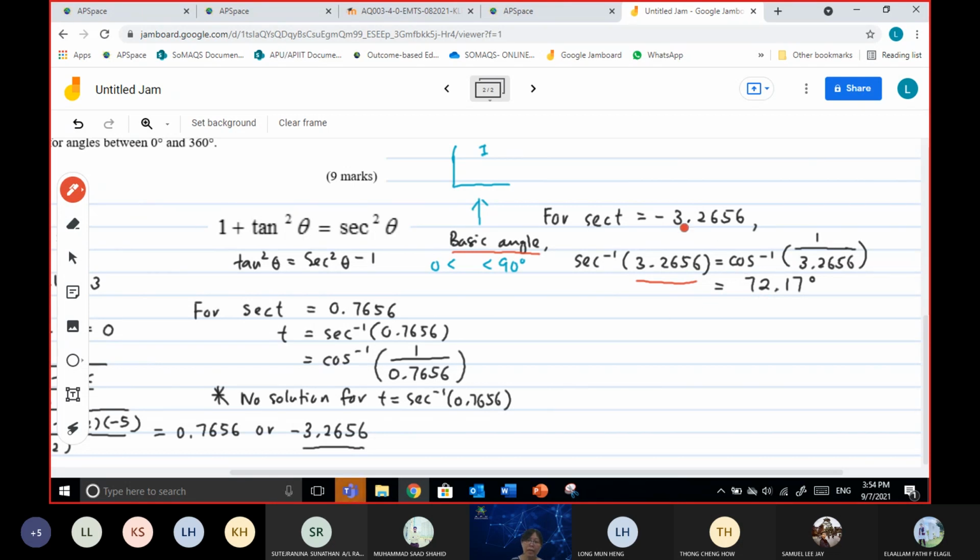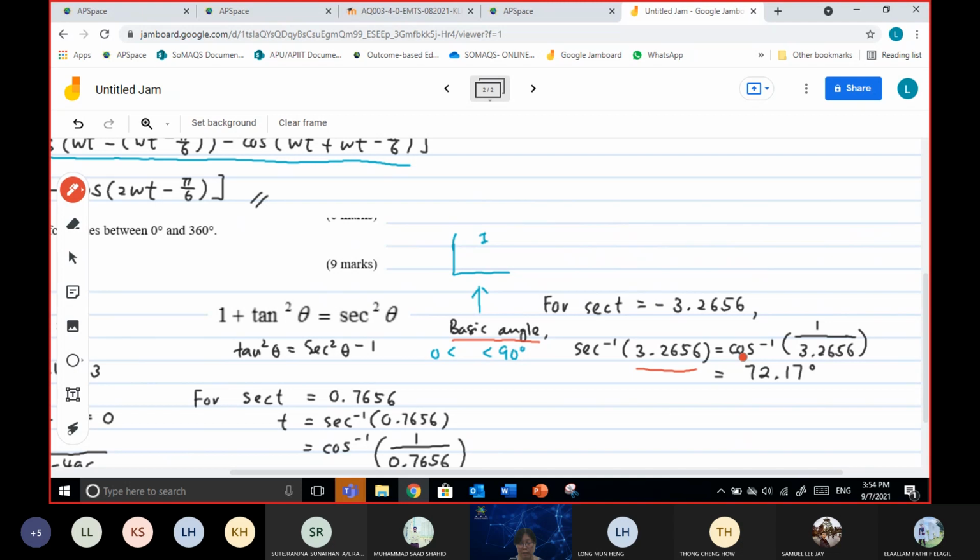So now, for the secant being negative, since secant is about cos, cos is negative in which quadrant? Remember the signs: All Science Teachers Are Crazy.